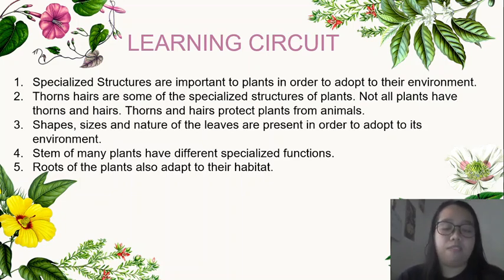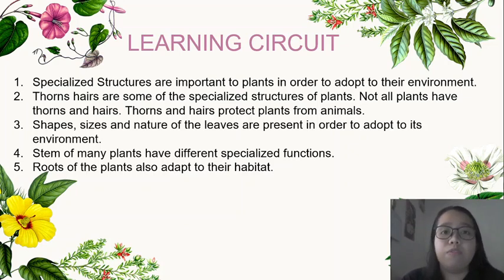And also cactus have tiny leaves to reduce evaporation of water. Just like the other example, di ba? Cactus can store water. That is why their leaves are small, so their water does not evaporate too much, because they live in a desert and deserts don't have water.